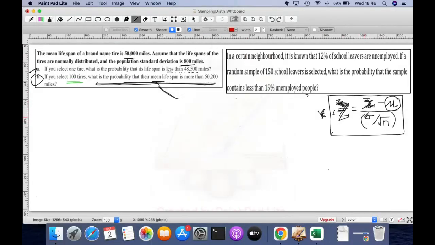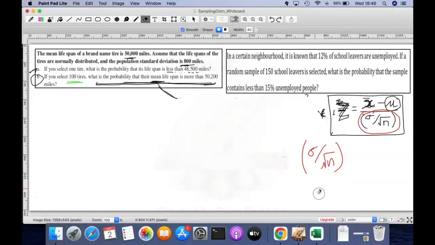Whatever is in the denominator of your Z formula, that's your standard error. So if you had to work it out, it would just be sigma over square root n. Just know that. All right, let's move on to the next question on the right.